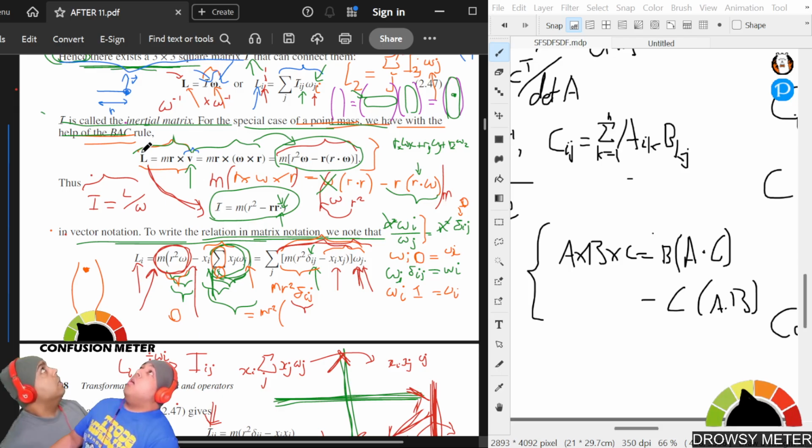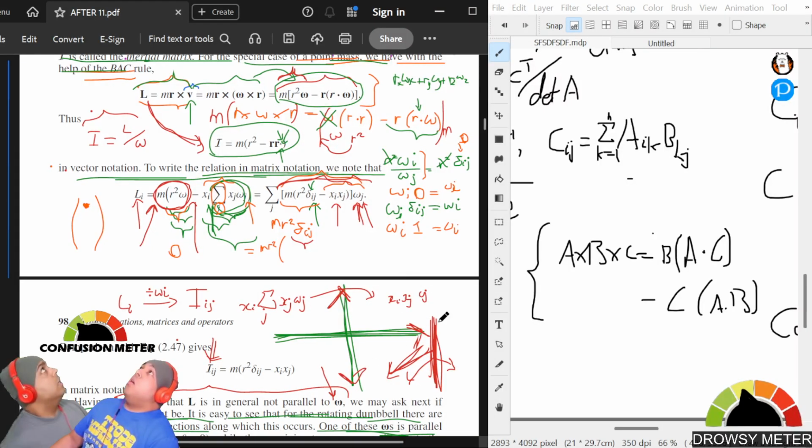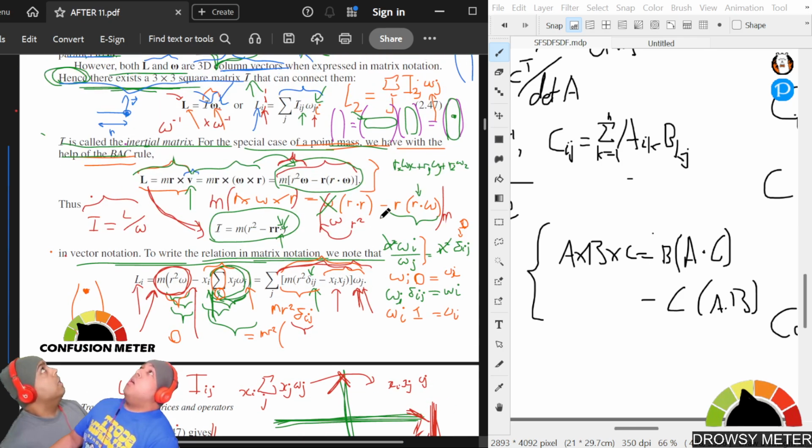So from here we see that L is equal to a multiple of omega. So right now, let's call this the y-axis, and the z axis is the axis with omega, right?